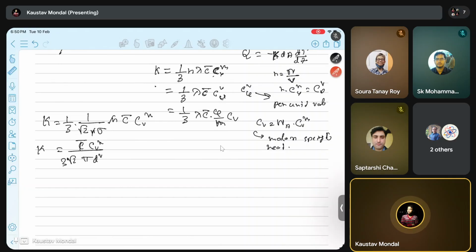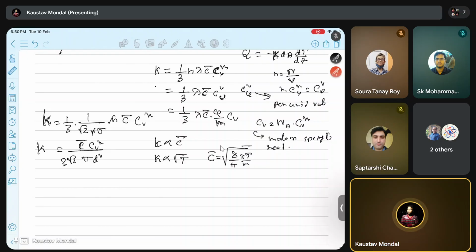Here also you can see this is not K actually, this is called kappa. This is proportional to c-bar, so it is also proportional to root T, since c-bar we know is 8 k_B T by pi m.